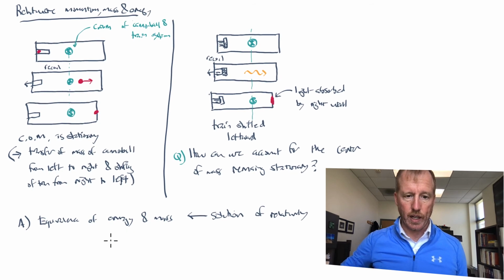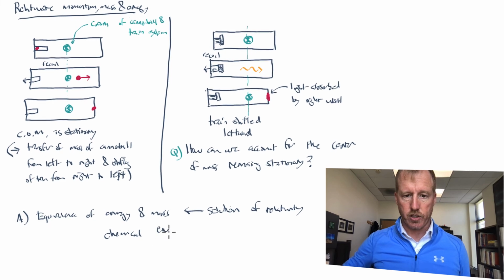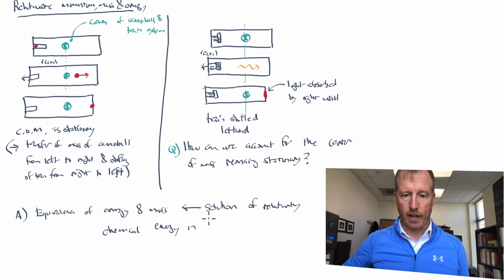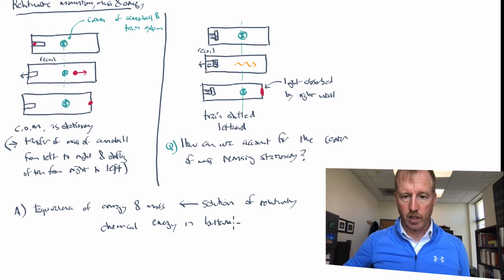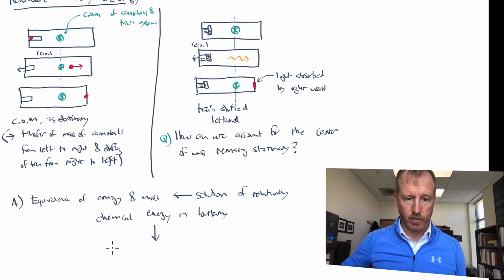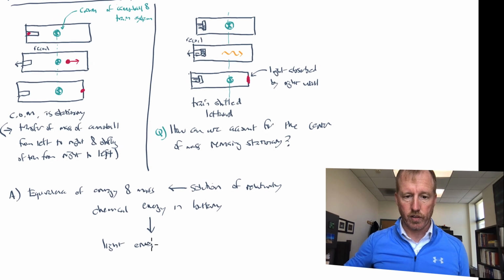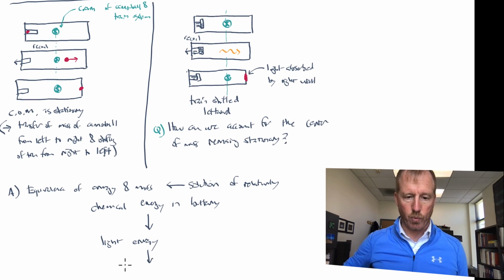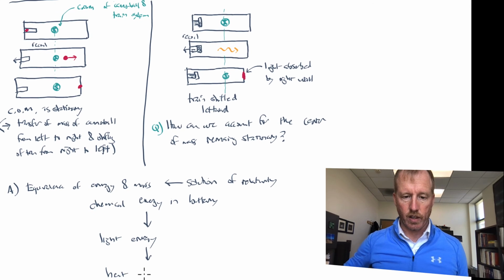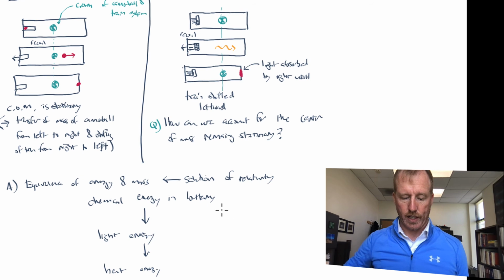In other words, I'll say this once again, we had originally chemical energy stored in the battery. And then in the second frame right here, we have light energy, or energy associated with the light wave. And then finally, we have heat energy. So energy has been transmitted from the left-hand side to the right-hand side.